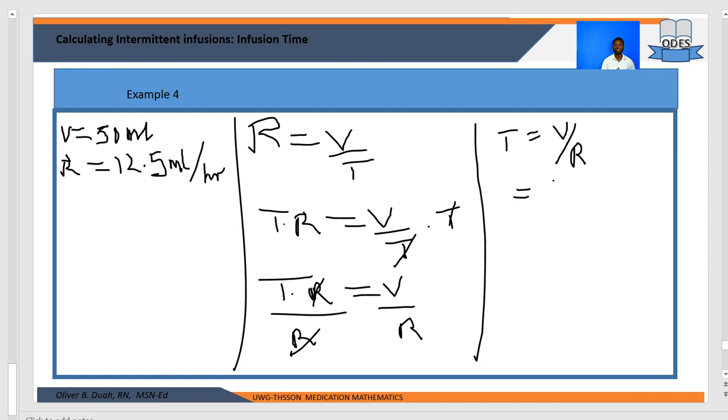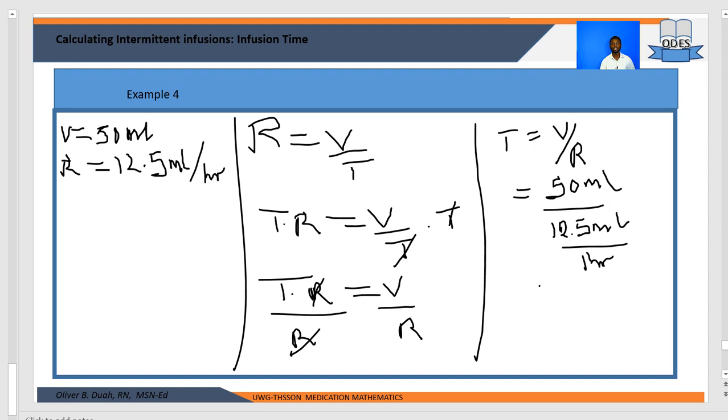Okay, let's put in our actual figures. So we have 50 ml divided by 12.5 ml over 1 hour, because that is per hour. And remember that we said anytime you have three-tier divisions, the bottom one becomes a multiplication because it goes up.